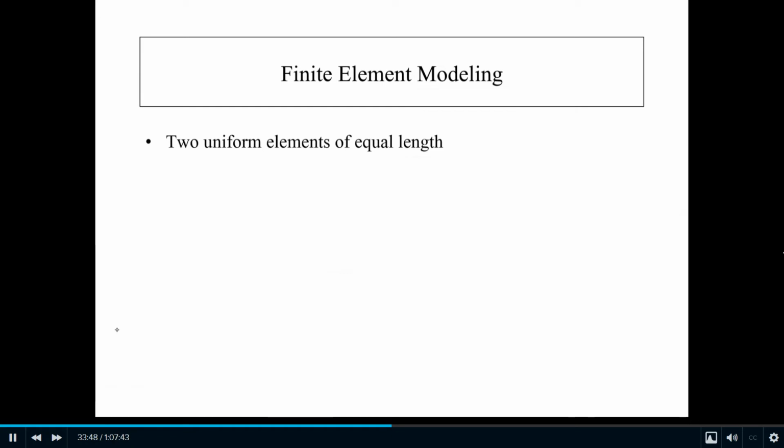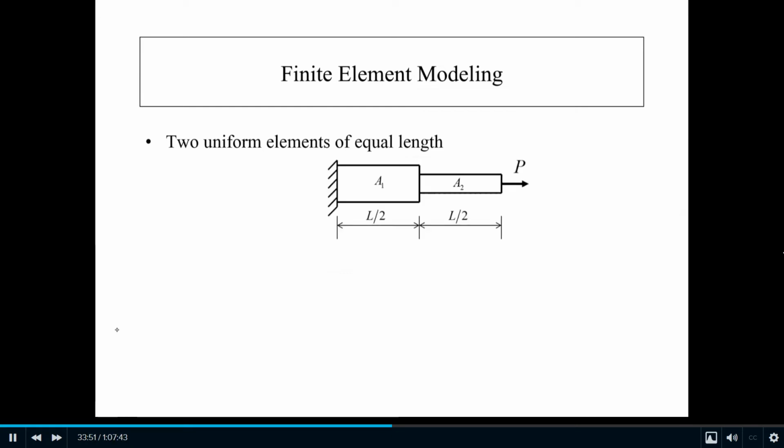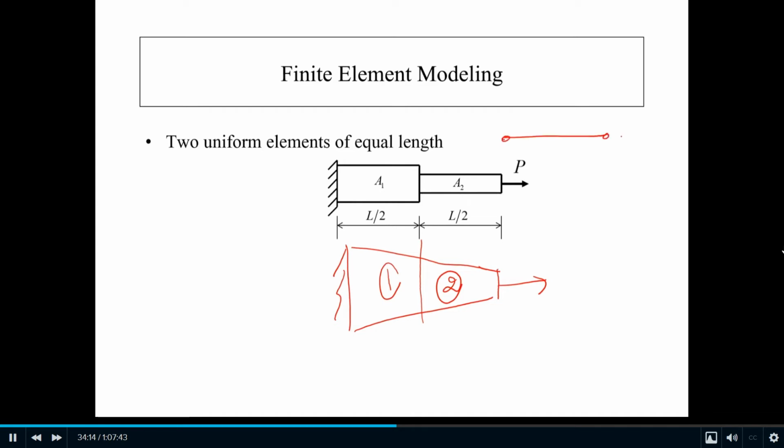We start with the modeling. We start with two elements, because your actual problem looks like this. You discretize into two elements. This is element one and this is element two. But when you use a truss element like this, you already assume that the cross-section for each element must be uniform.